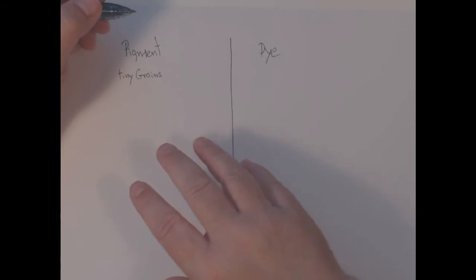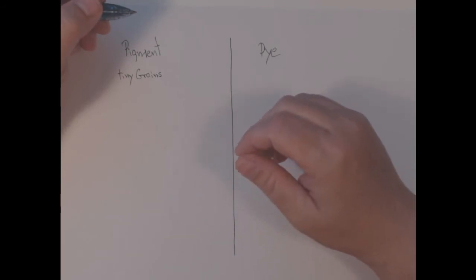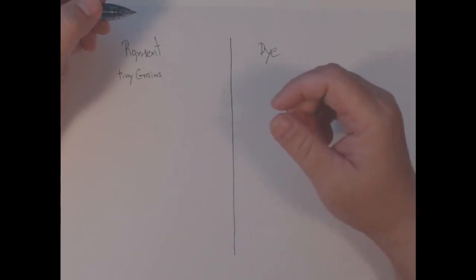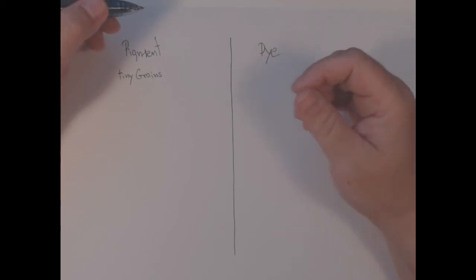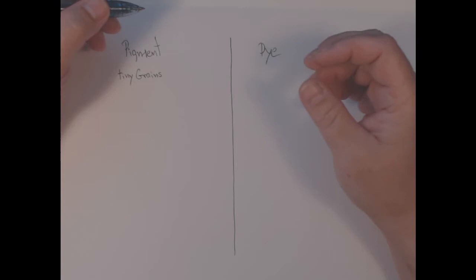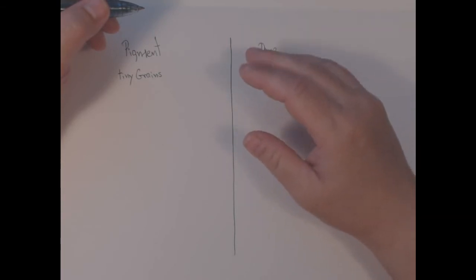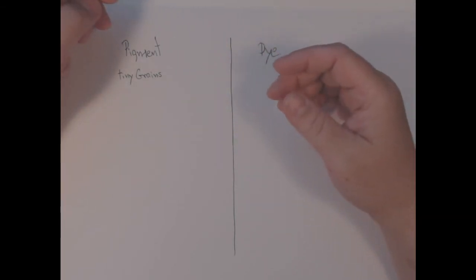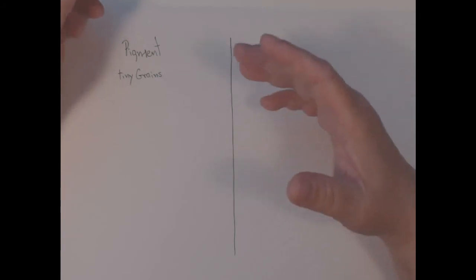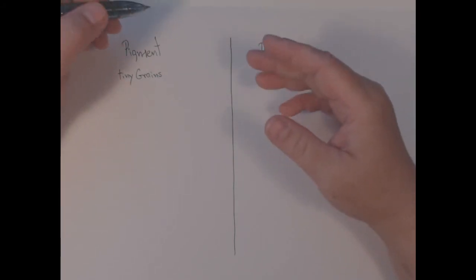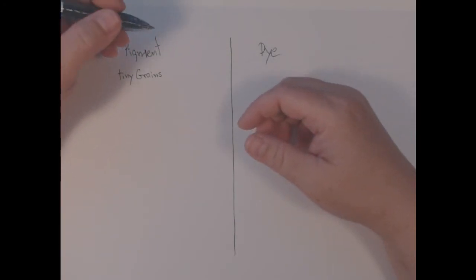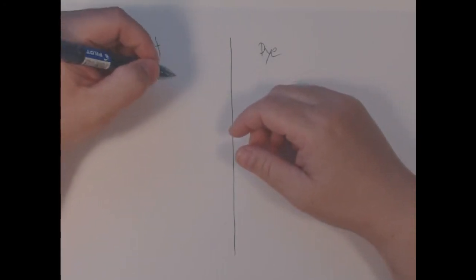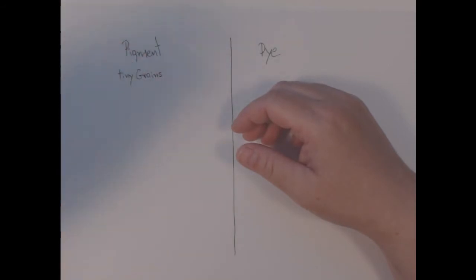This time it's actually usually rocks or synthetically made rocks that have been ground down to a fine powder, and then it gets mixed with, if watercolor, sugars and things like that to help it lift up into the water. It just kind of floats in whatever media you have.